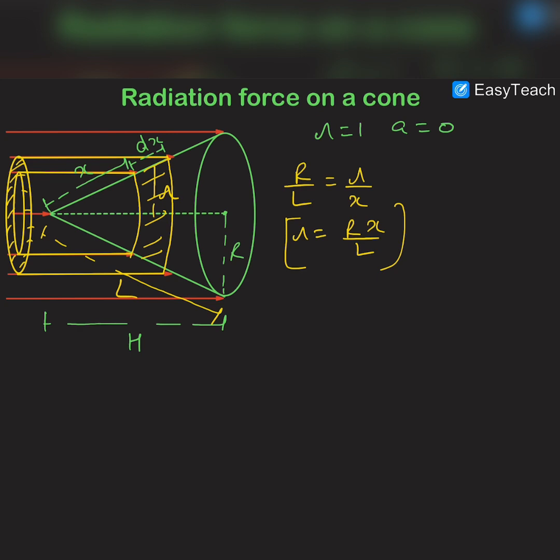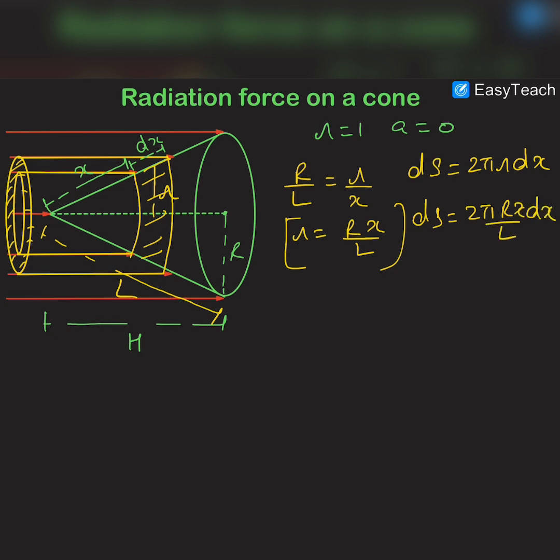Now let us say that the area of this strip is dA, or we can name it as ds. So ds is 2 pi r into dx, and ds is 2 pi Rx by L into dx.